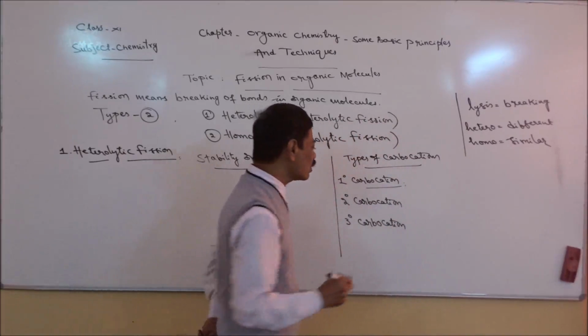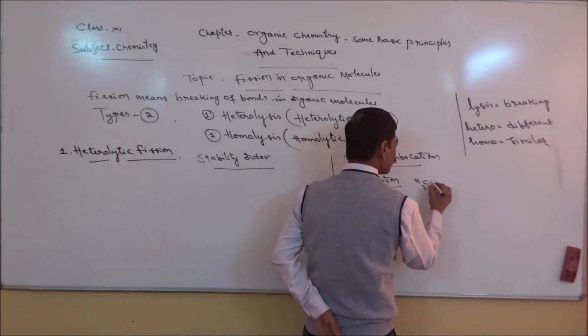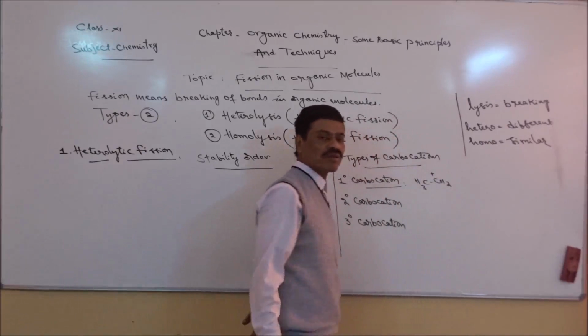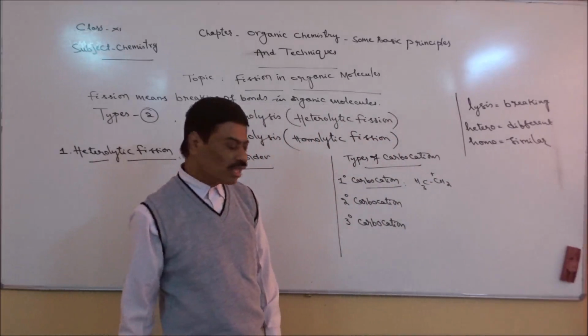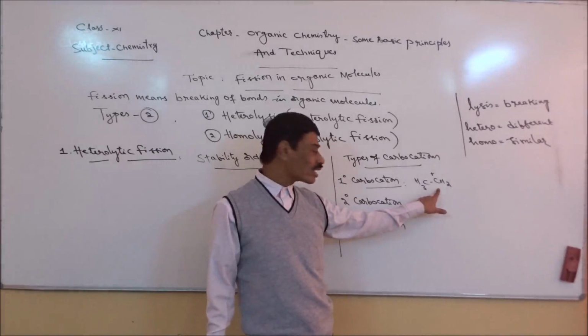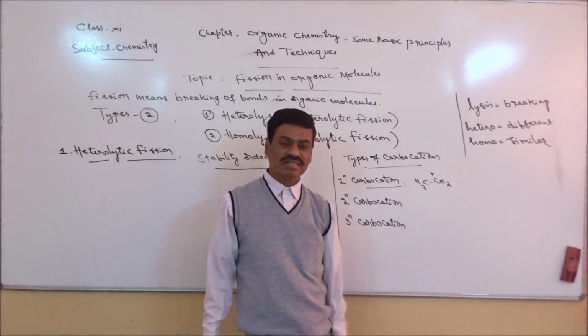Best example for this is CH3, CH2, and our carbon atom of CH2 has positive charge. Means the carbon atom which has positive charge should be connected to only one other carbon atom. There should not be any branch.